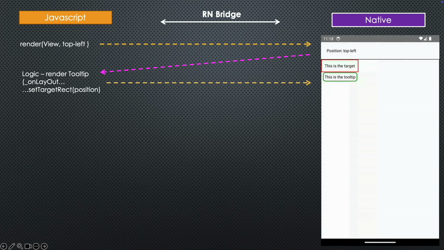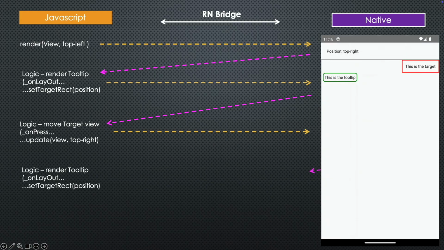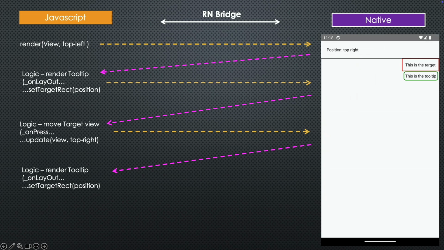But by the time this update goes through, the user has already moved the view again. So it sends another message to the JavaScript that the top right was pressed. I hope you understand. Then the JavaScript triggers the function and sends an update message to the native to update the UI again. So these cycles go on and on.